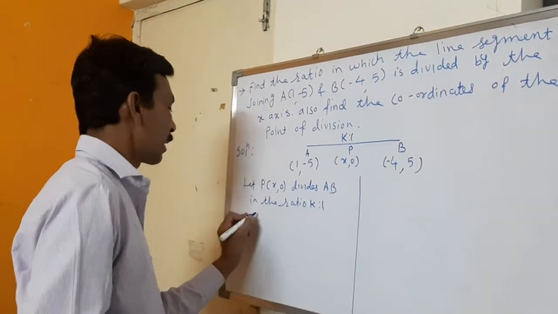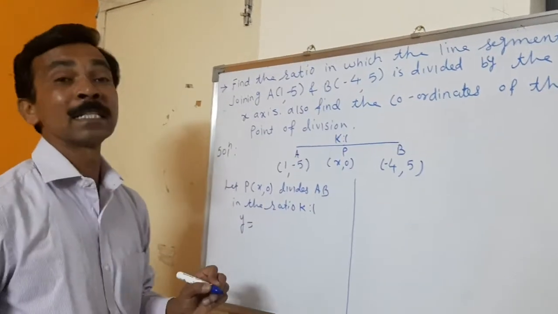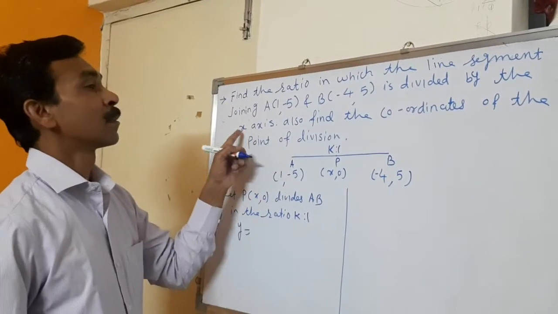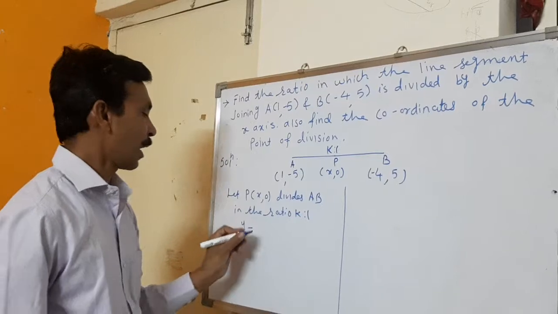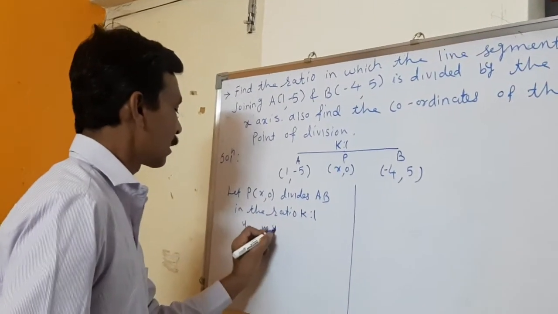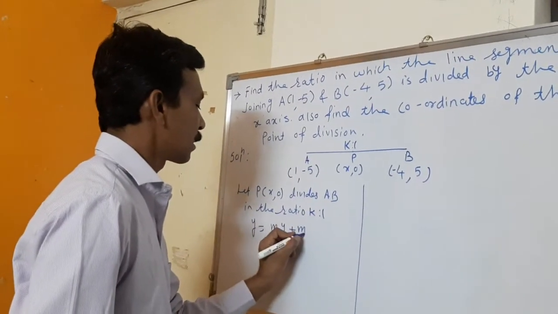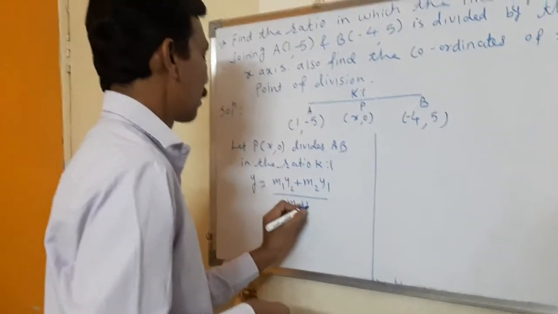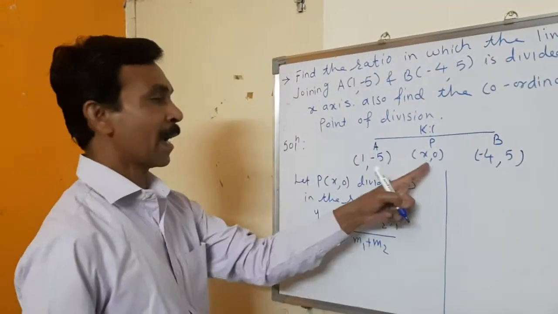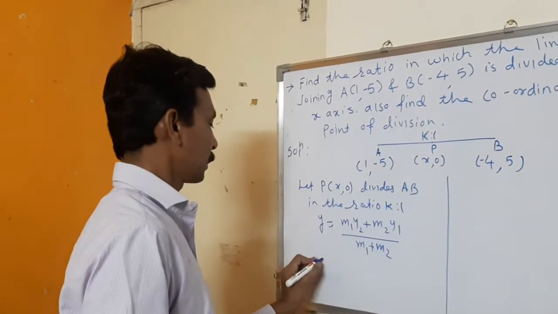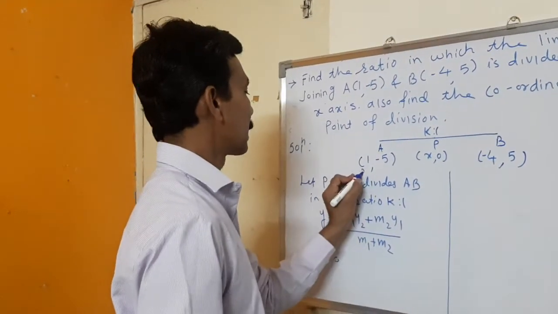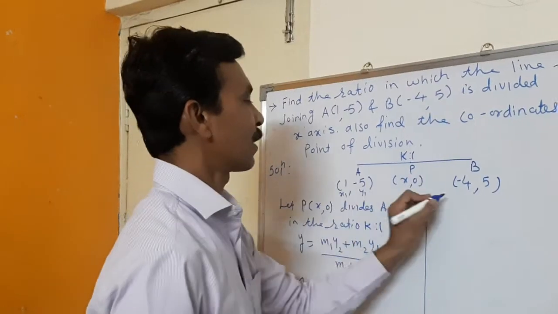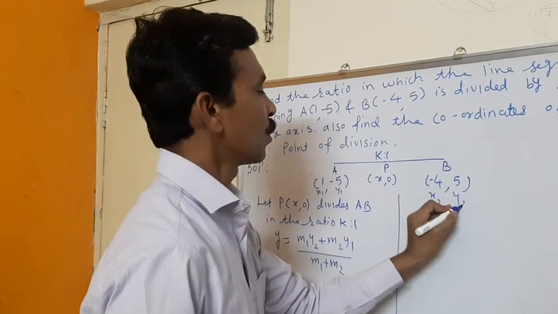I will use the formula for y coordinate because it is divided by the x-axis. Y is equal to m1 y2 plus m2 y1 upon m1 plus m2. What is y? 0 is equal to, this is x1 y1, this is x2 y2.